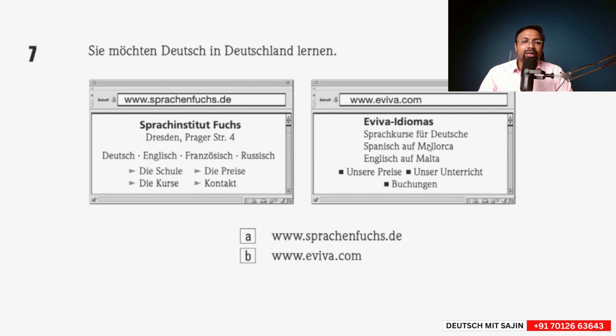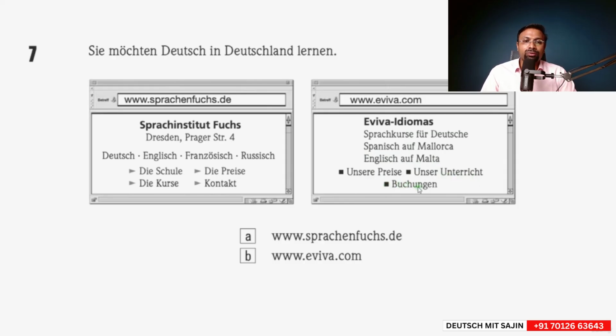But correctly would be auf. If you actually say in, it would not be a big deal, to be honest. But grammatically correct would be auf on the island. Englisch auf Malta, English in Malta, and our prices, our Unterricht, the lessons, Buchungen, booking.